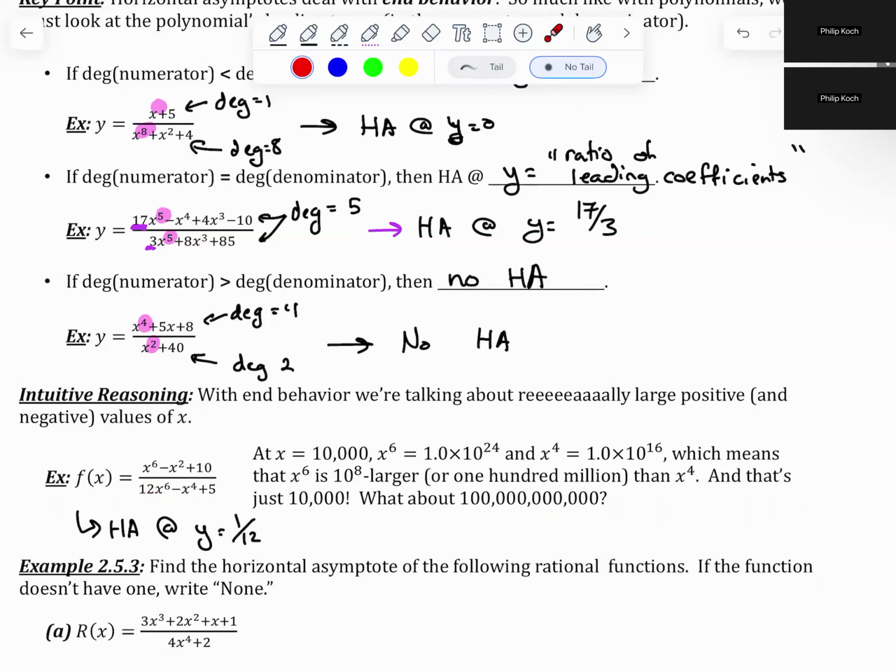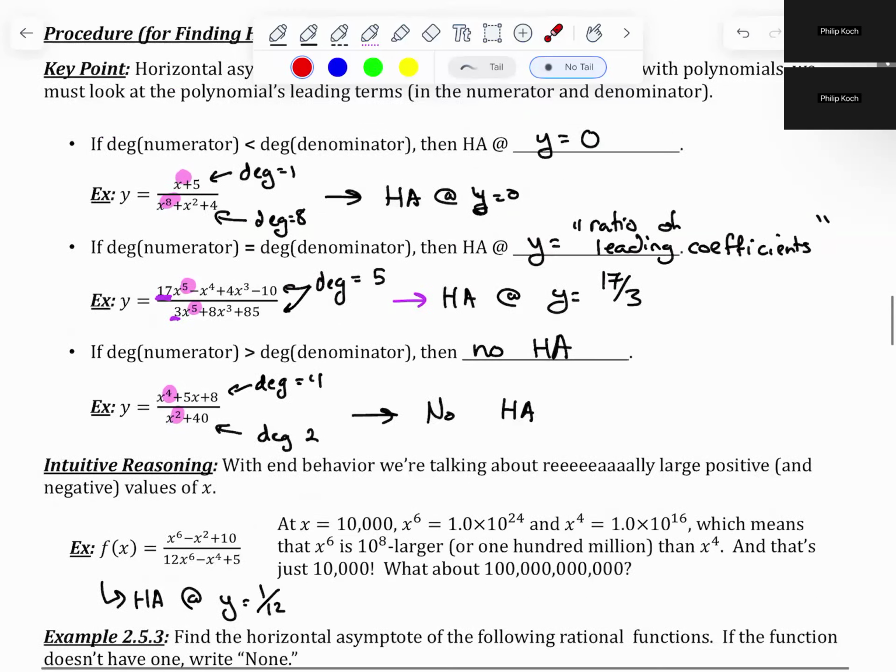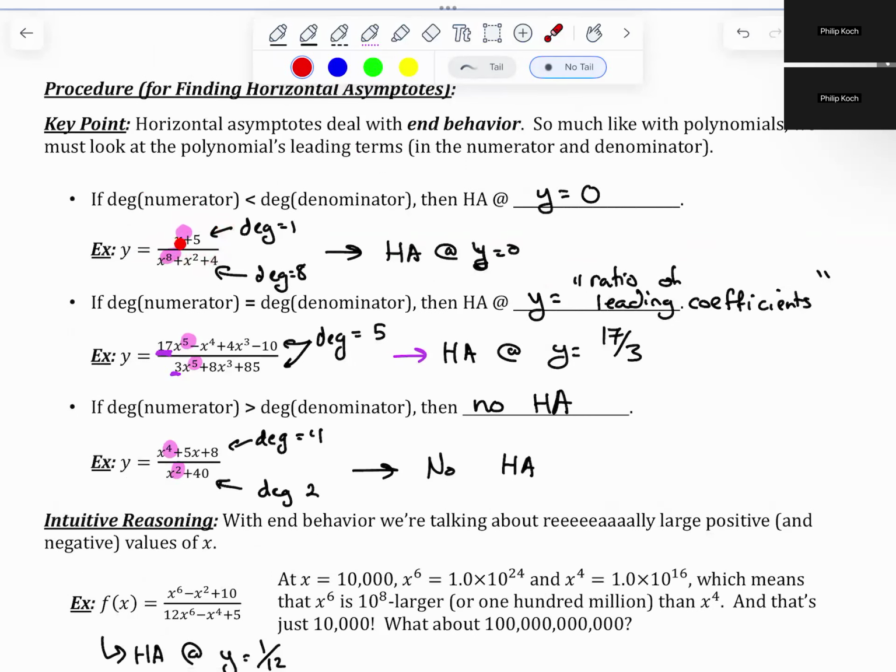When you plug in a trillion, you get 1 trillion over 12 trillion, which reduces down to 1/12. If you plug in a trillion trillions, you get a trillion over 12 trillion trillions, and it reduces back down to 1/12. Versus this, when you plug in 10 trillion, this is just 10 trillion, but this is 10 trillion to the 8th. It's so much larger that the denominator basically dominates it, and it goes to 0.